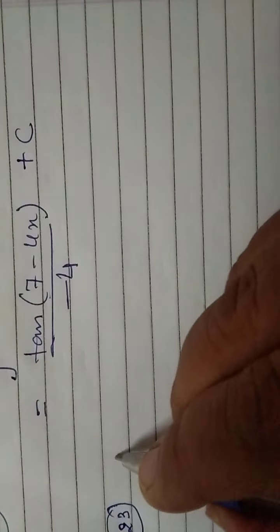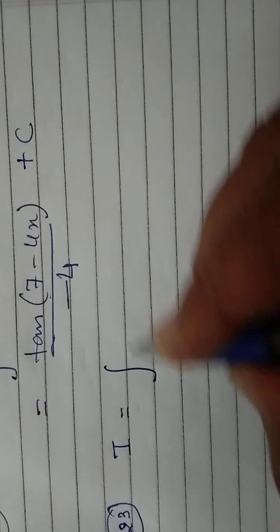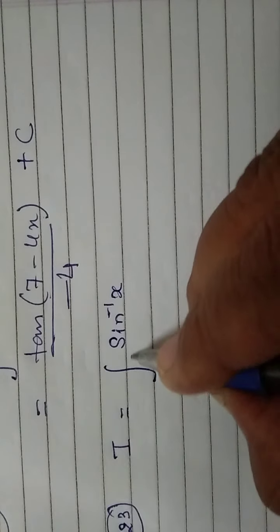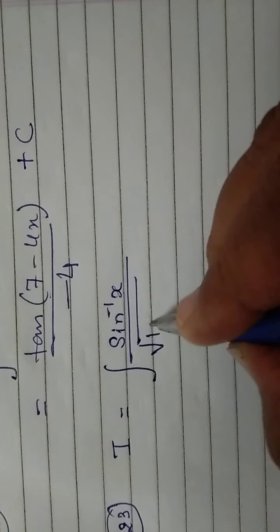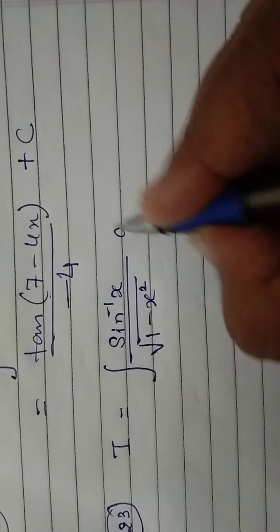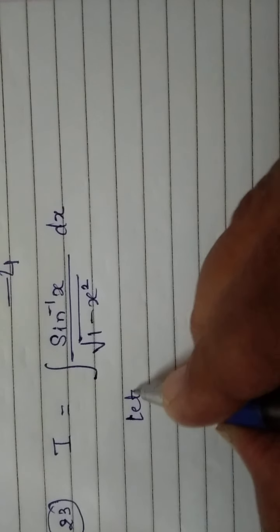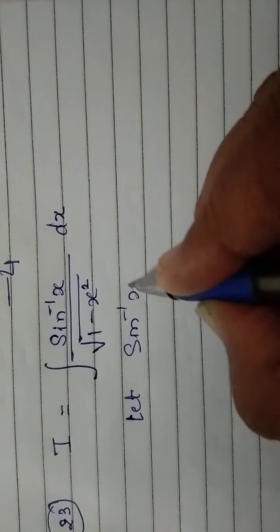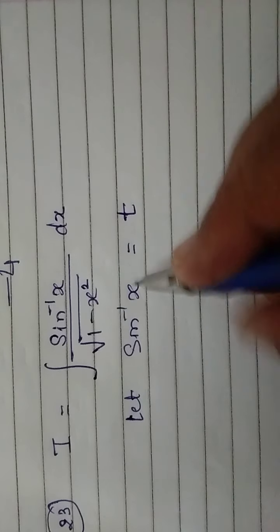So question 23 is I is equal to integral, I have sine inverse of x upon under root of 1 minus x square into dx. So very simple. Looking at the question, I know that my substitution is going to be, let sine inverse of x be equal to the term t.